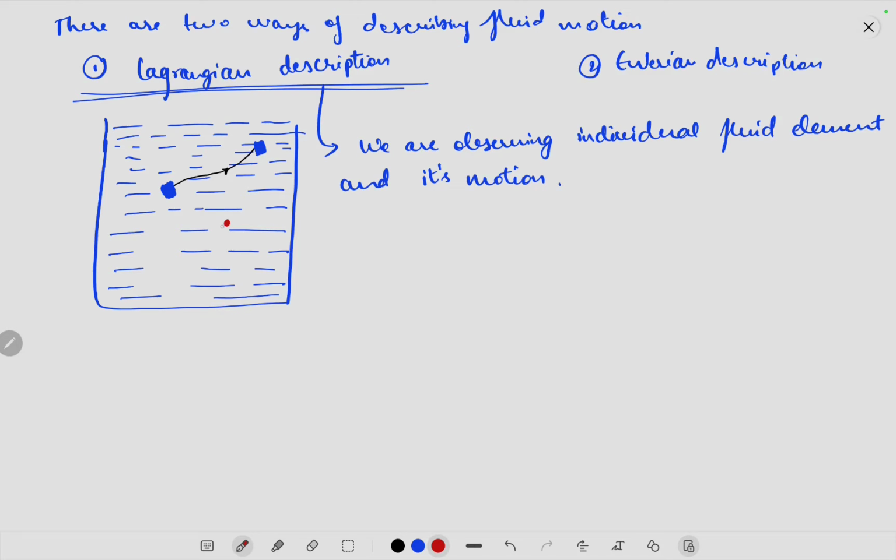So what would be the velocity vector of the fluid across this point, what is the pressure value, and so forth. Okay, so in Eulerian description, I am not interested in individual fluid parcels. I am interested in knowing the properties of the fluid at this point.